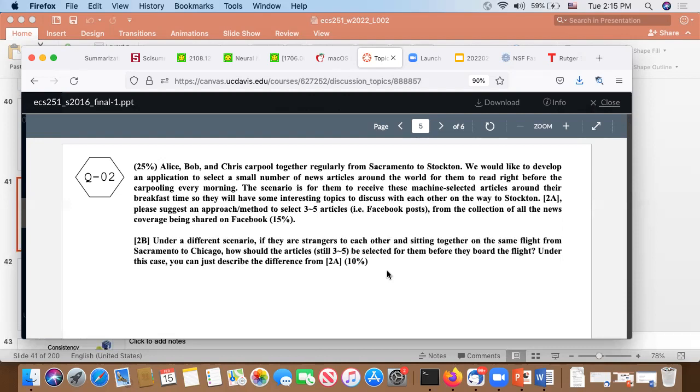That was one type of scenario. The second type is that we all want to fly out from Sacramento Airport or San Francisco Airport. We're going to take a 7-hour flight somewhere else, and you're going to be sitting next to two strangers. What kind of things would you be reading so you can communicate better? That's the idea.